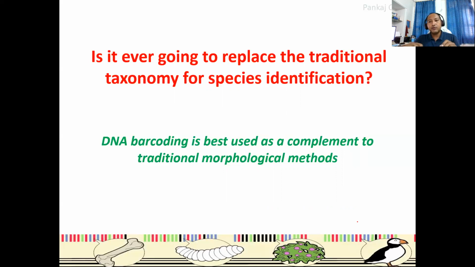Okay, and we dissect the flower, we study different floral characters, then we try to match those floral characters and other morphological characters with some existing identification keys. Like Bentham and Hooker's keys are very popular for plant identification. So if we find that there is a match, you can easily identify a particular plant species.